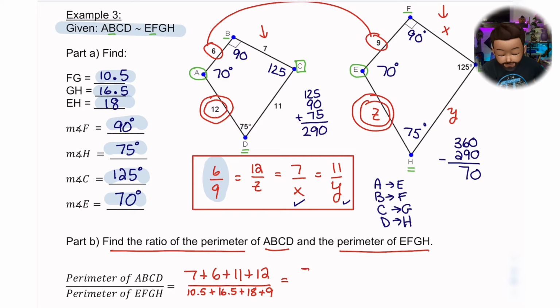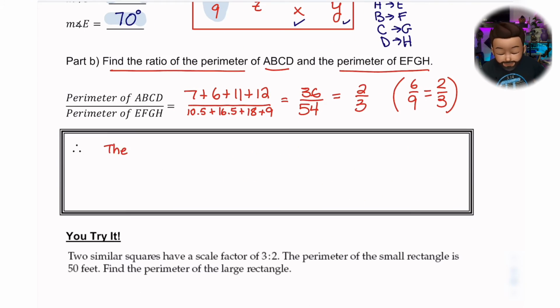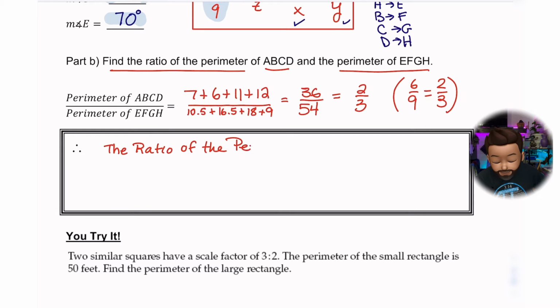Now the perimeter of one object in ratio to the perimeter of the other object is going to be exactly equal to the ratio of two corresponding sides. So since the ratio of two corresponding sides here was 6/9, or we could actually reduce that to 2/3, we can find that the perimeter ratio is exactly equal to the ratio of the corresponding sides. So that's something to note.